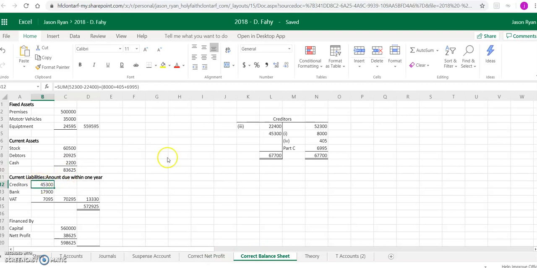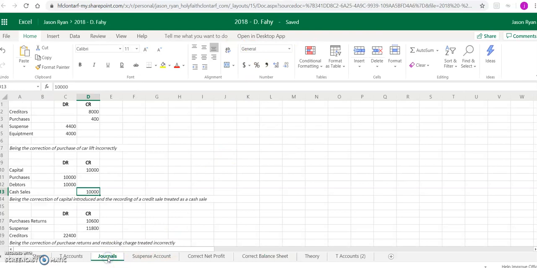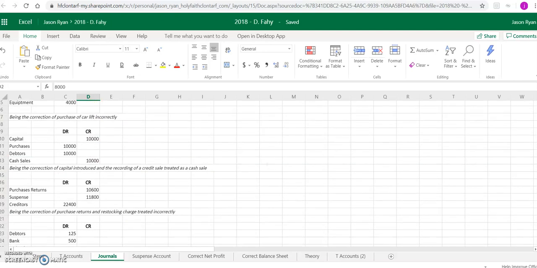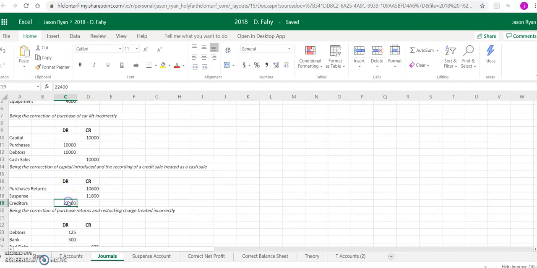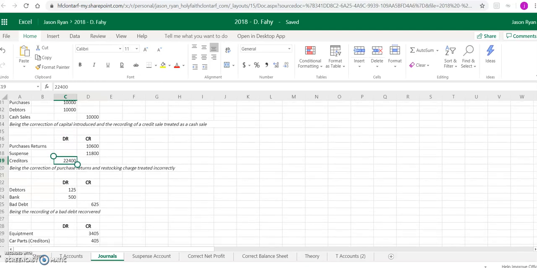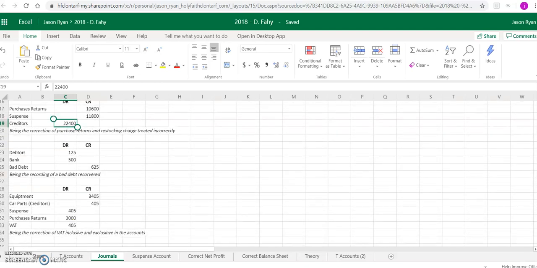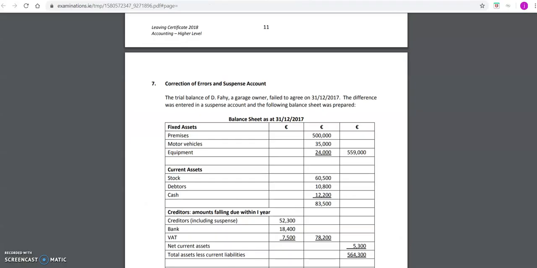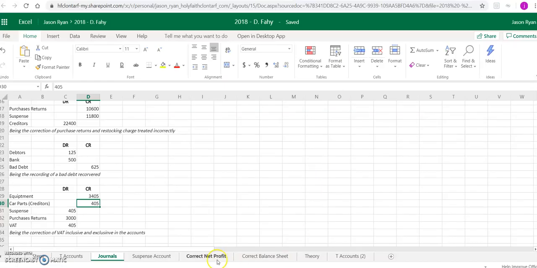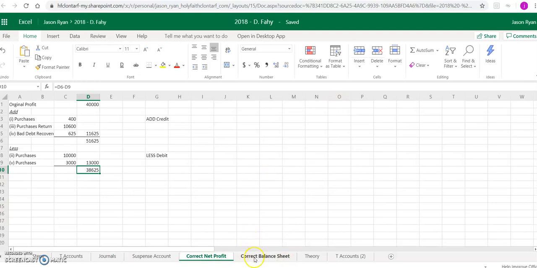Creditors then 43. So if we have a look at our journal entries, creditors on the credit side, so you're going to add it on of 8,000. As we work down along, we've got creditors then 22,400, so you're going to take it away. And then we've got creditors then 405 on the credit side, so you're going to add it on. So for that one, you can do yourself a little journal entry.